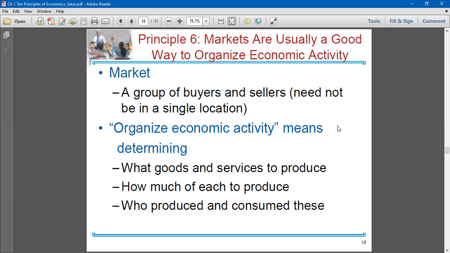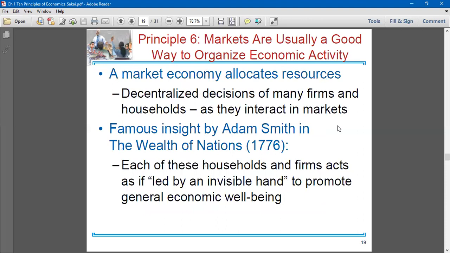Which good exactly are we supposed to produce? And how much of those goods are we supposed to produce? These are some of the ways through which the market is able to organize economic activities.